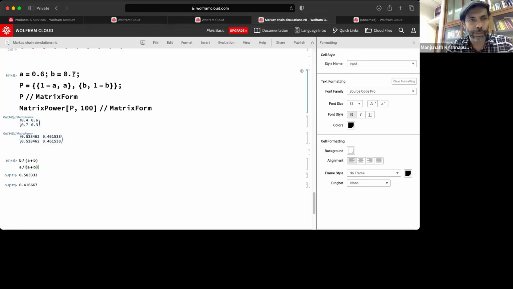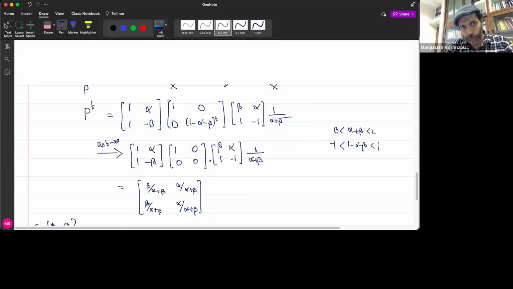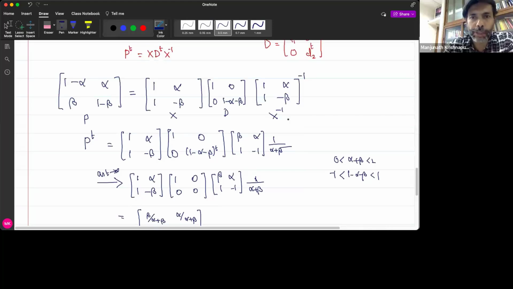If I change it to 0.6 and let's say 0.27 something, I got some completely different numbers. You see that those numbers are precisely B over A plus B and A over A plus B. You see that it is matching. So in the 2 by 2 case, we have solved our problem, when alpha and beta are strictly between 0 and 1.